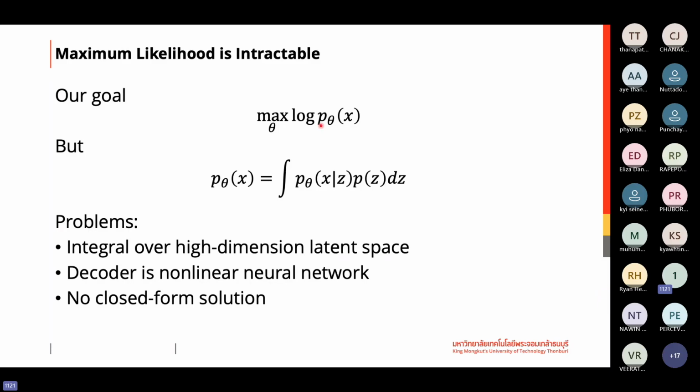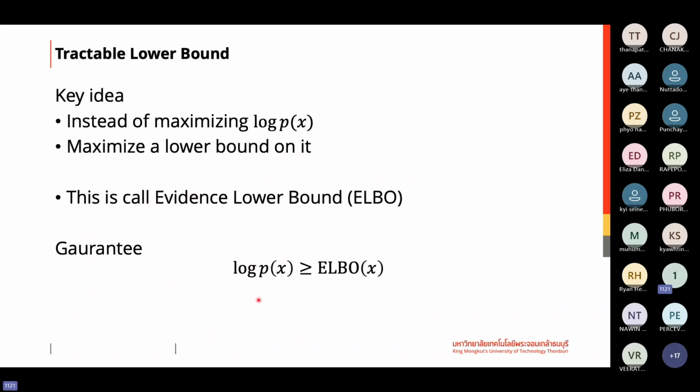We want theta to represent x, so we have to maximize it. But we cannot do it due to intractable computation, for the reasons I already mentioned. The key idea is that instead of maximizing log p(x), we maximize the lower bound of log p(x). This is called ELBO, the evidence lower bound.